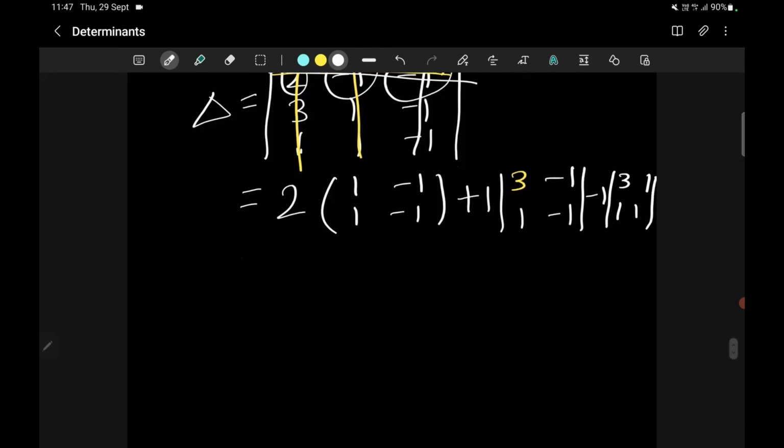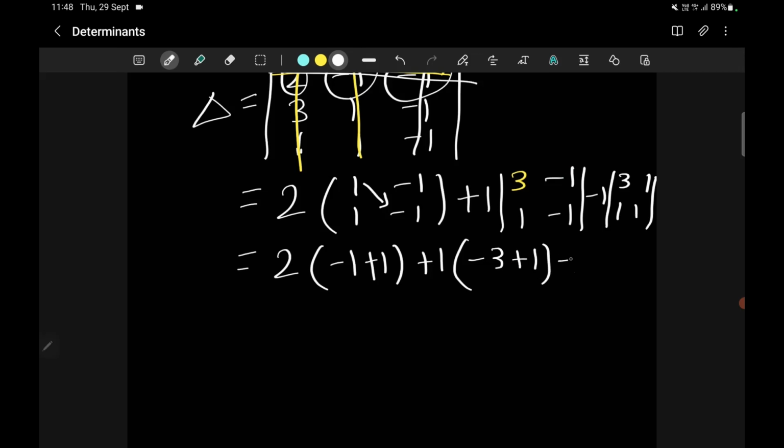Now let's simplify this. This will be 2 inside the bracket. 1 into minus 1 is minus 1. Minus 1 into minus 1 is minus 1, minus minus becomes plus, so plus 1. Then plus 1. 3 into minus 1 is minus 3. 1 into minus 1 is minus 1. By default here it will be minus, so plus 1. Minus 1. 3 ones are 3. Minus 1.